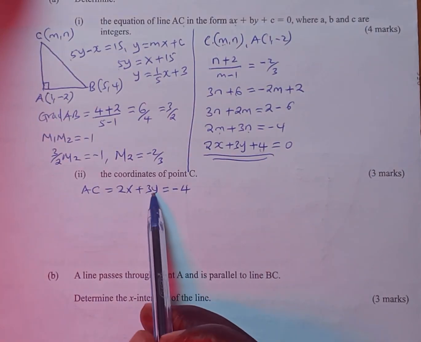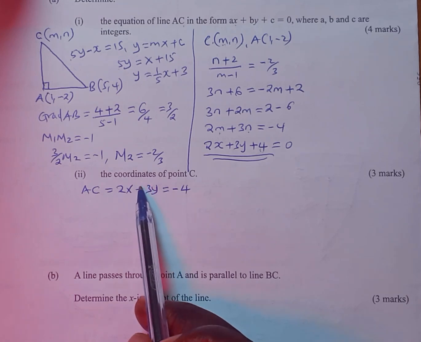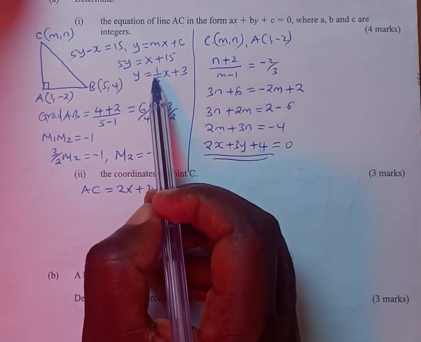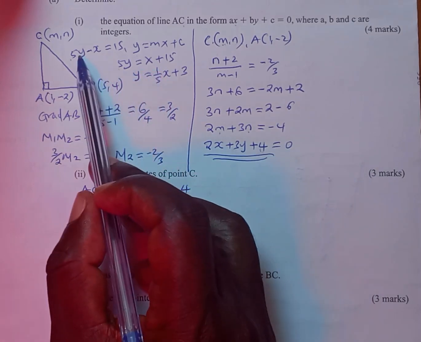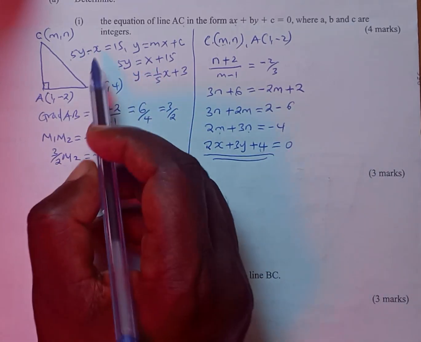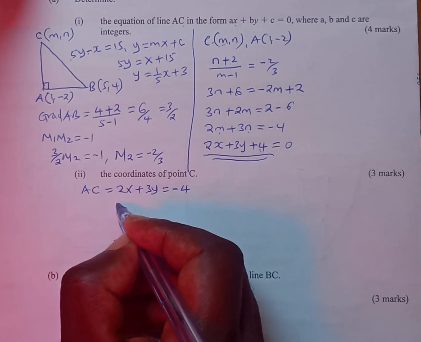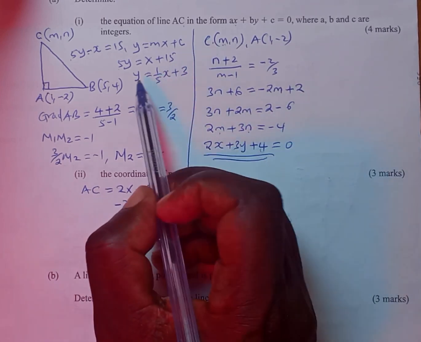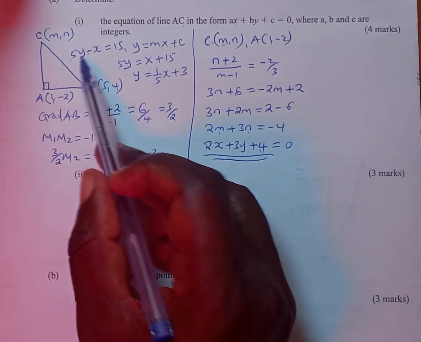And of course we have the equation of BC. The equation of BC, we have already gotten it. In fact, it was given as 5y minus x. So we begin with minus x plus 5y.